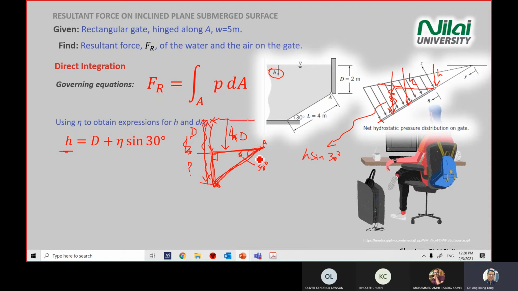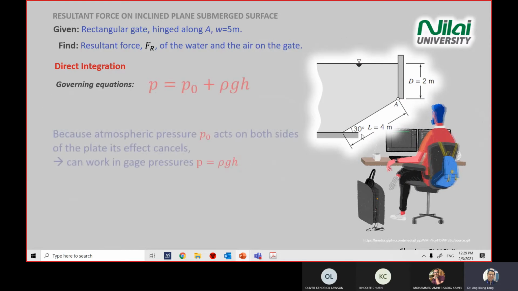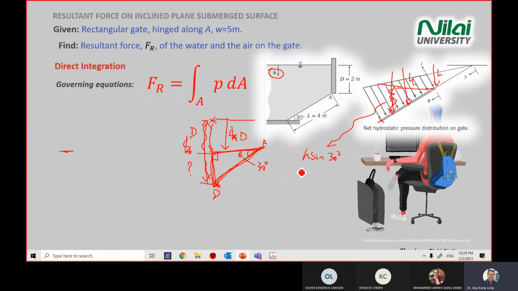You use a sine equation, because A to this point, maybe I name it as D here. So A to D, already given, is the length of the plate here. So what is the length of the plate? 4 meters. So in the diagram, you already have your 4 meters here.